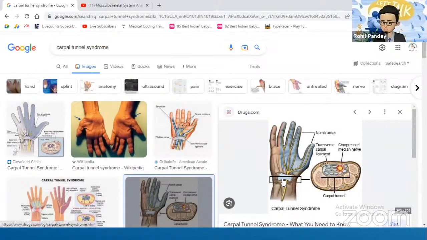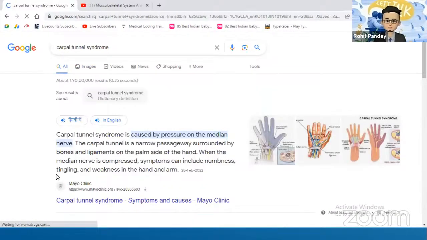You can see it is like a tunnel where these nerves pass. Because of some issues like a compressed median nerve, symptoms like numbness, tingling and weakness happen.